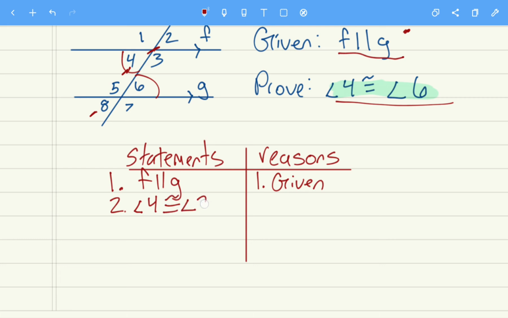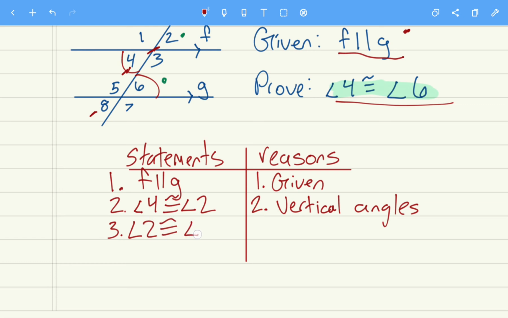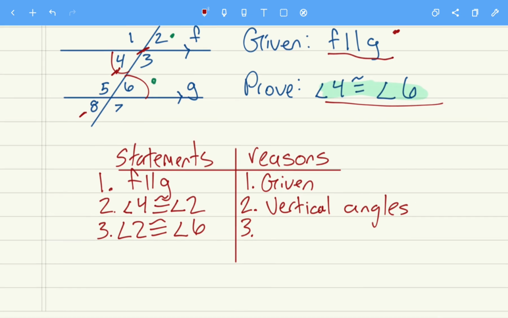So I know angle 4 is congruent with angle 2, and that is because these are vertical angles. Now, notice that angles 2 and 6 are corresponding angles. So I'm going to put that as step 3. So angles 2 and 6 are congruent because they are corresponding.